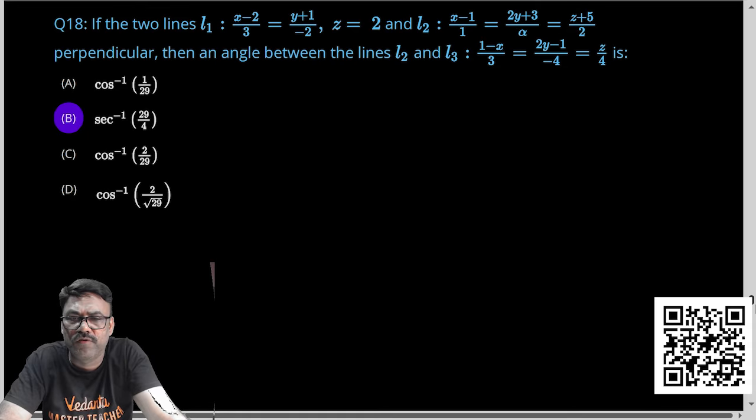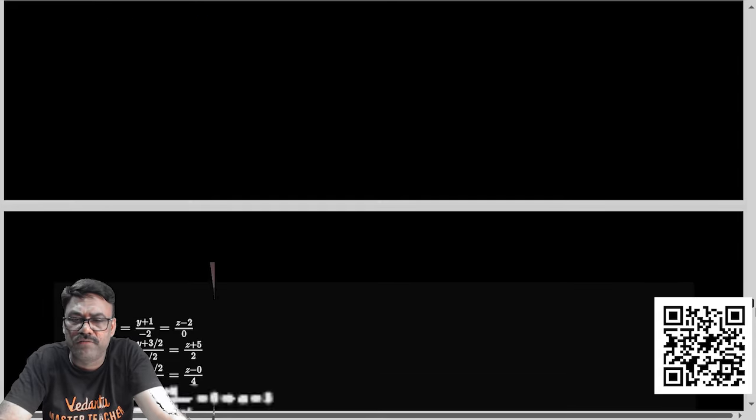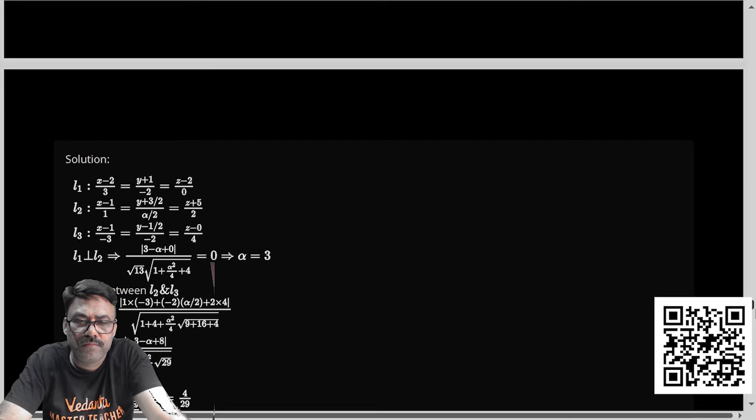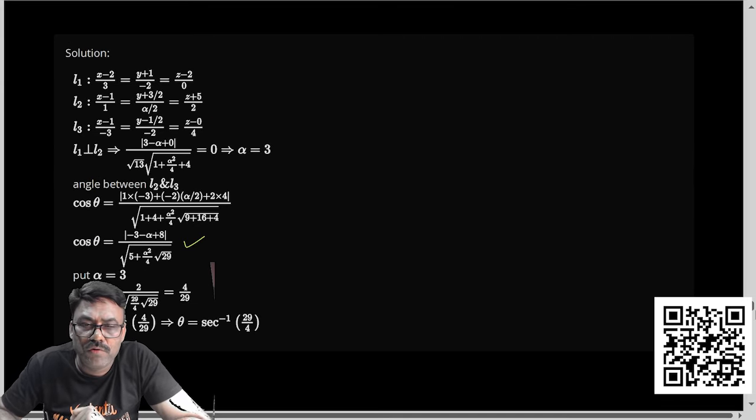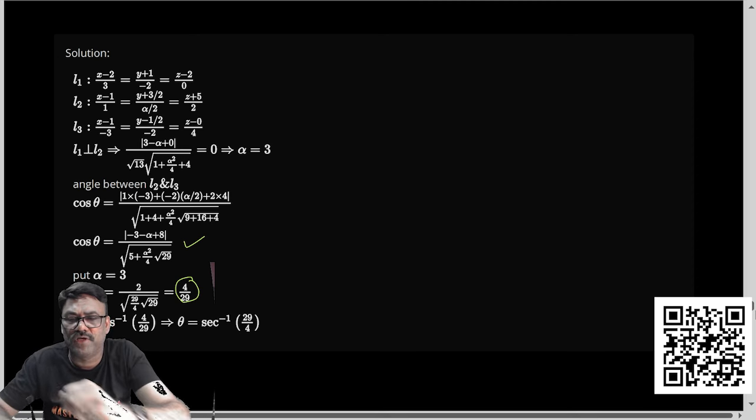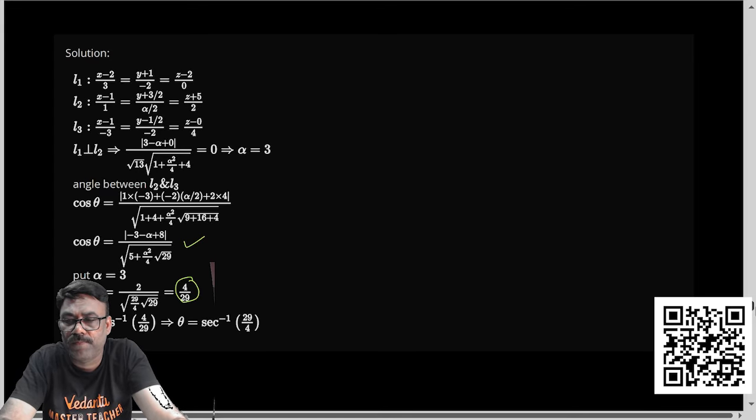In fact, you will get cos inverse 4 by 29. They have written secant inverse, so that will become secant inverse 29 by 4. So when you put alpha here, cos theta is equal to 4 by 29, theta is cos inverse 4 by 29, which converts to secant inverse 29 by 4.